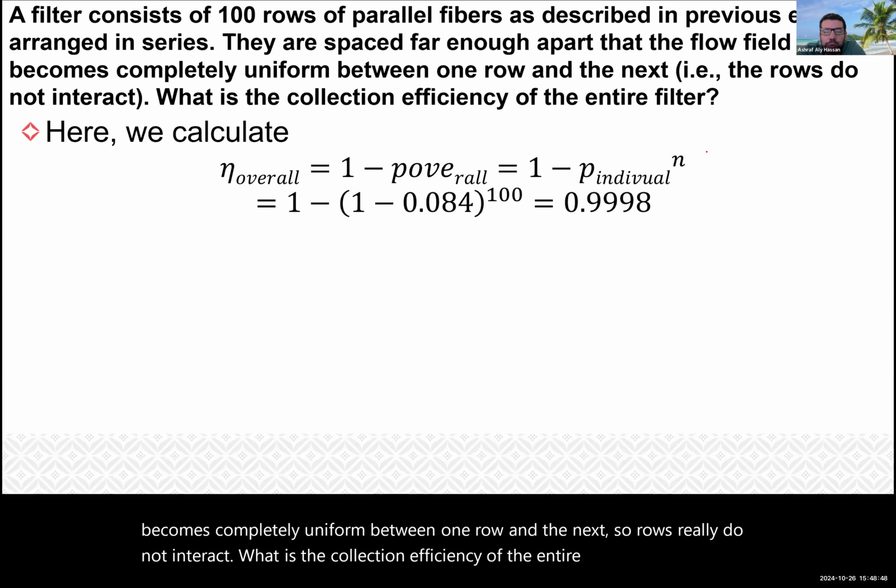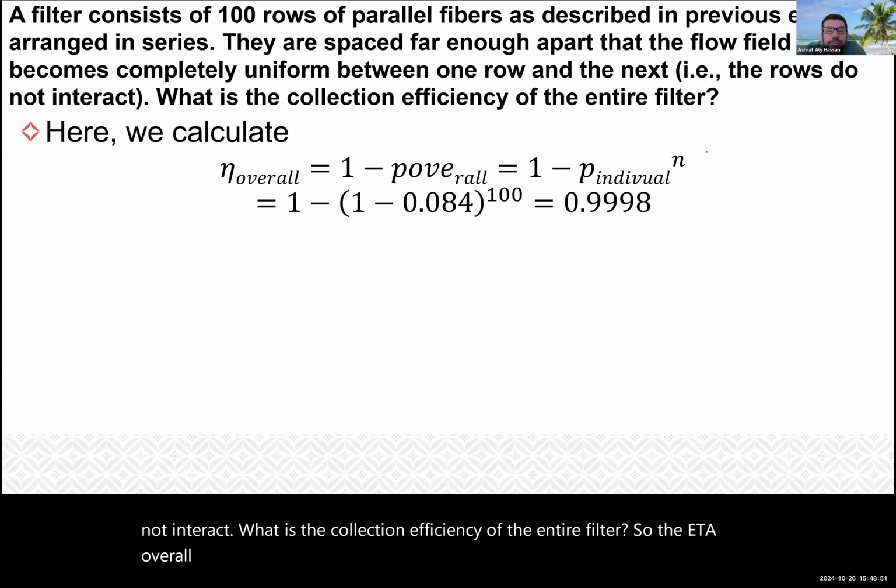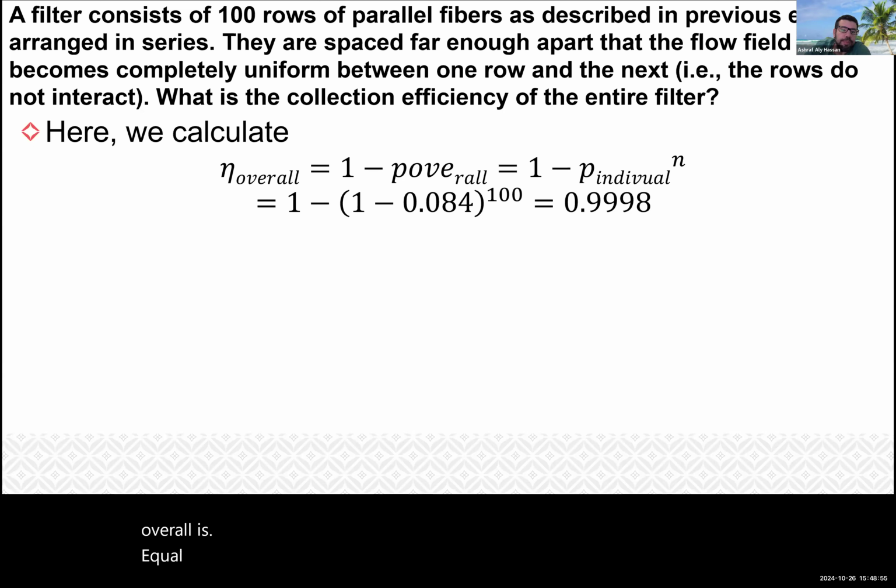So the eta overall is equal to 1 minus P overall, which is equal to 1 minus P individual to the power of n.